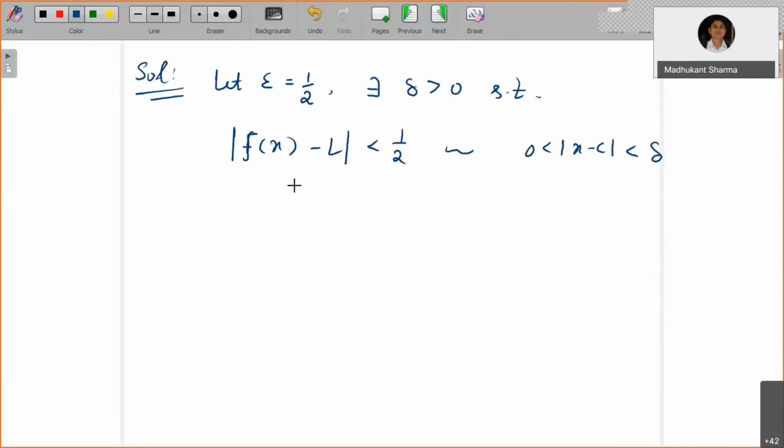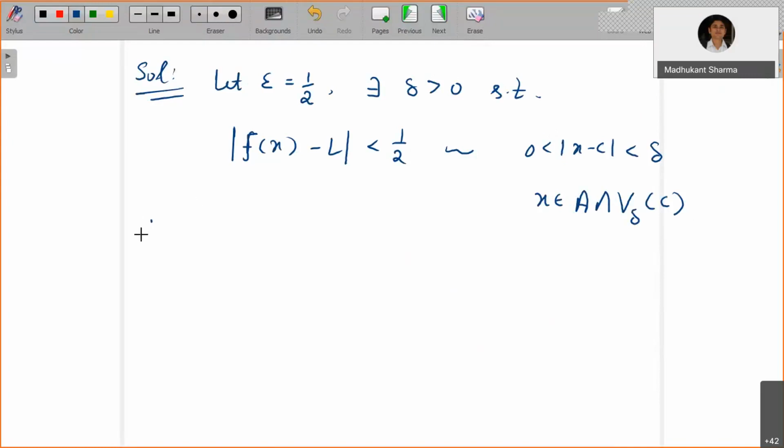Okay, right. Now use this result. This is a deleted neighborhood of c, but you know that c may or may not be part of A. So this is going to be x belongs to A intersection V_delta(c).